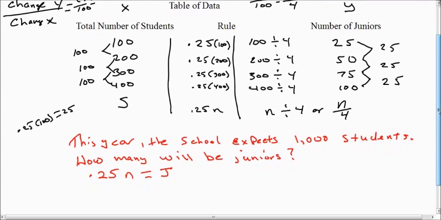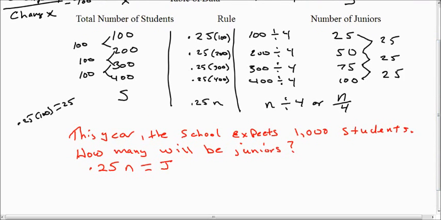We know it's going to be 1,000 students. So 0.25 times 1,000 should equal J. And all we have to do now is multiply 1,000 times 0.25.